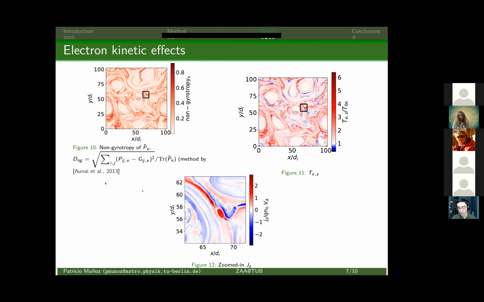We use the method by Aunai et al. 2013 here. And this correlates very well with the current sheet locations. And this plot here shows the temperature. This is just a pure thermal temperature, and that is also correlated very well with the location of the current sheet. And this shows a zoom-in of this small rectangle of the current density. This shows an elongated current sheet and some small magnetic islands.